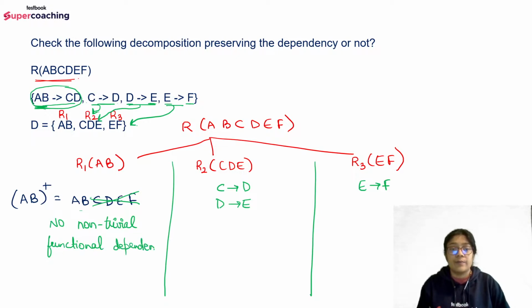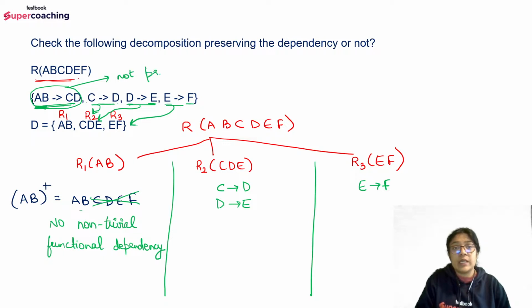So that means this dependency A, B determines CD is not preserved. This dependency is not preserved, that is, there is a dependency which is lost. So we will say that overall this decomposition is not dependency preserving. So we got the answer.